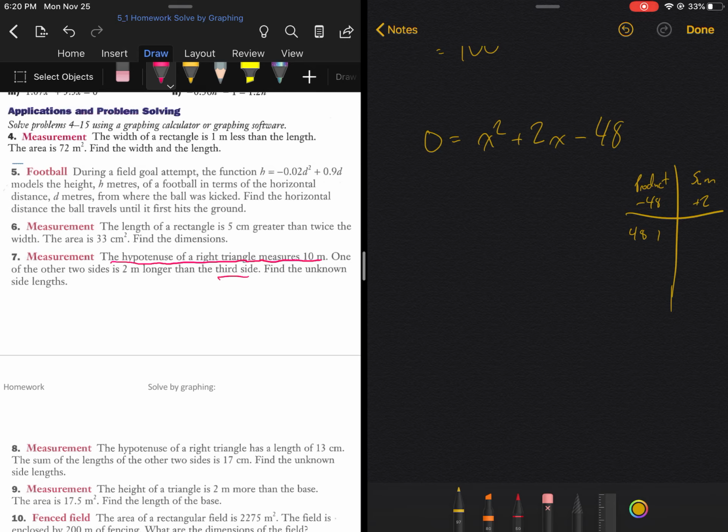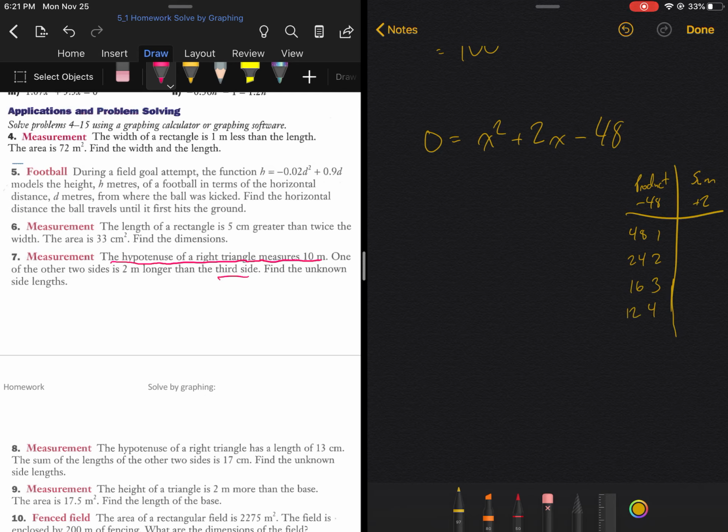So how do we do that? Well, we got 48 and 1. Definitely not going to get positive 2 there. We have 2 and 24. Can't get 2 there. How about 3 and 16? 30 plus 18, 48. Yes. Can I get 2 there? No, I cannot. How about 6 and 8?